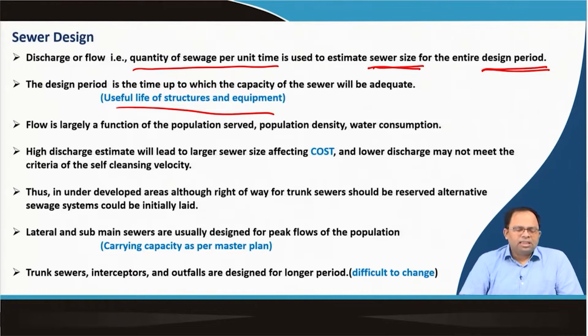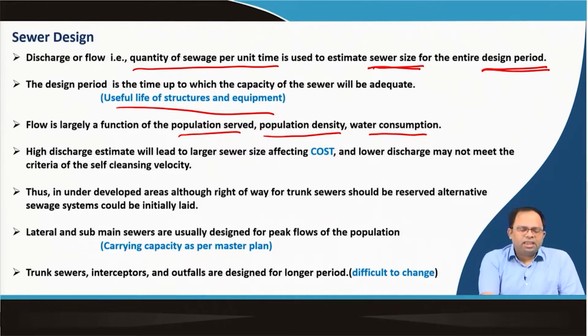And flow is largely a function of population served, population density and water consumption. So, that means the flow varies as per the water that is supplied to that particular area, the total population that is served, and also on the population density, or how concentrated that population is. Because if too many people live in a smaller area, obviously you can understand the flow rate should be higher.